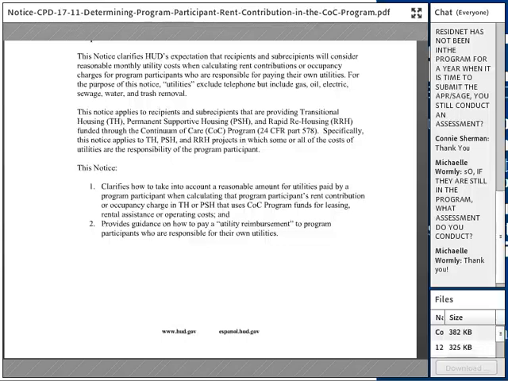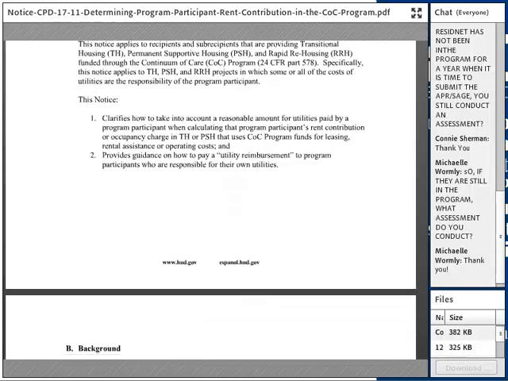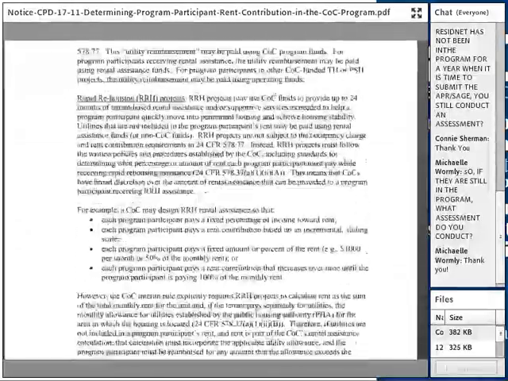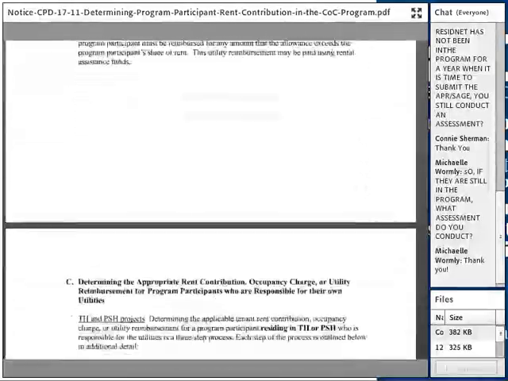So previously to this notice, right, there was no answer for how a project was supposed to administer that utility assistance. Essentially what this notice does, and Cliff Notes version, right, is break down the ways that you guys are going to be calculating and paying out that utility assistance.